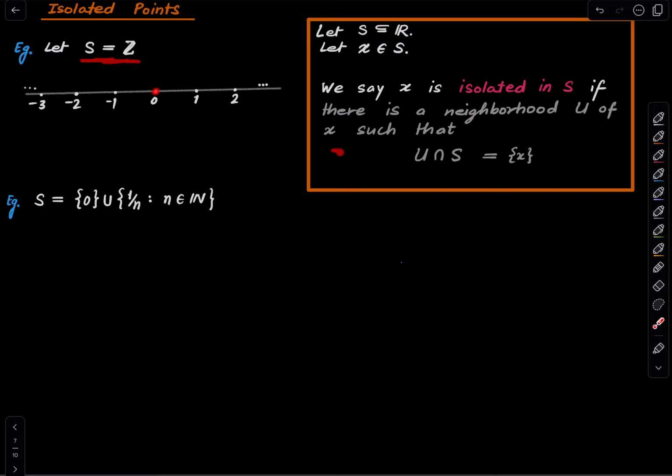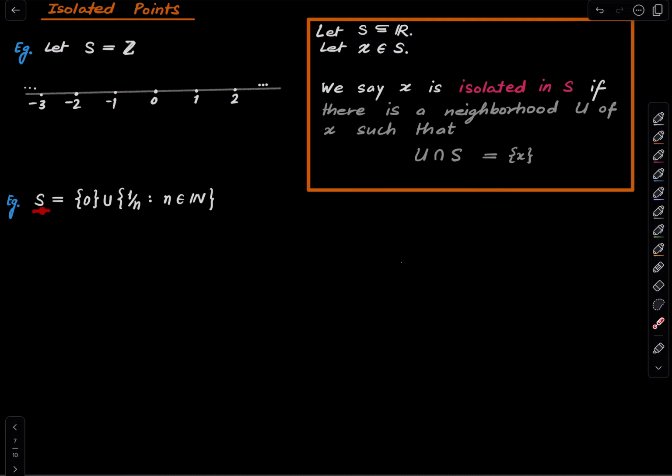And by definition, all we want to show is that there is a neighborhood around 0 such that the only point of S in this neighborhood is the real number 0. And that is true because if you take the half neighborhood, that only intersects S in 0, nothing else. And this does justice to the phraseology. It is sitting lonely in the set S. It is isolated from all the other things. The other things are not coming closer and closer to it. So it's a dual notion to the notion of accumulation.